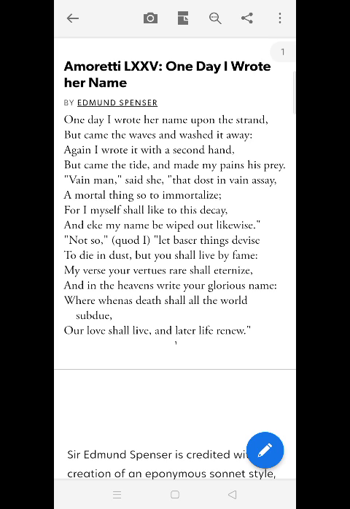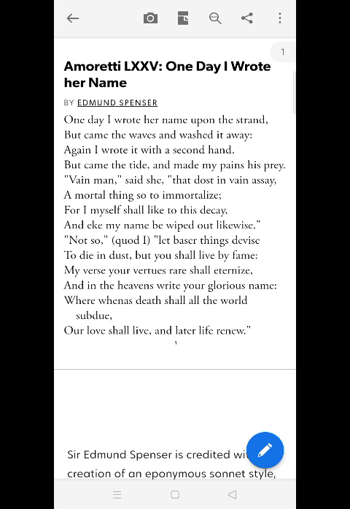and she directly addressed her lover that what he is trying to do is going to be futile. It doesn't make any sense, and for I myself shall lie to this decay.